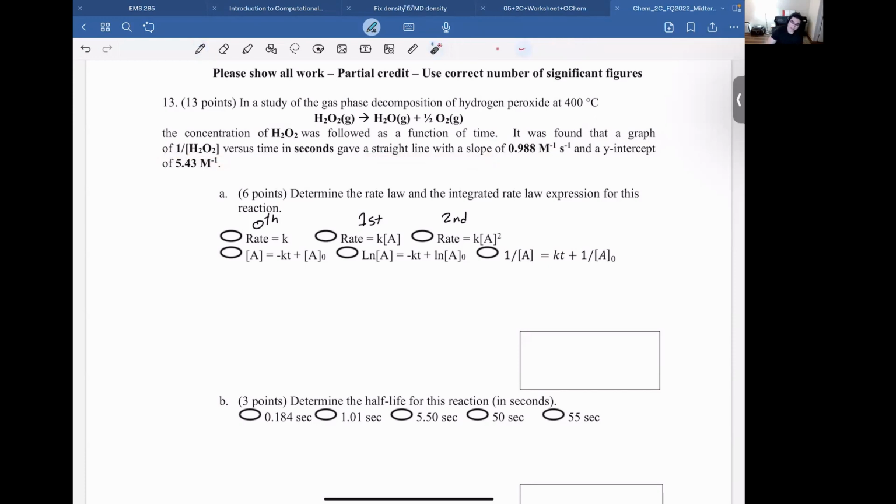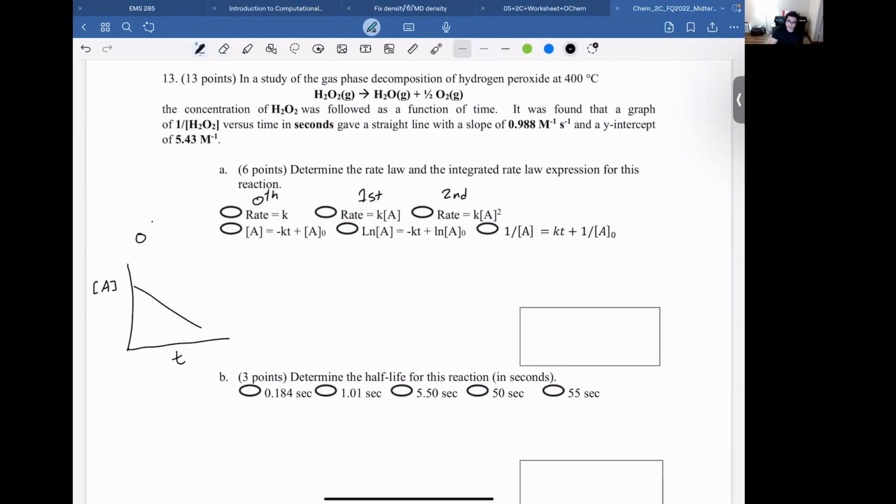So something you want to keep in mind is the plots of each of these. I'll draw these out. For a 0th order, when you plot concentration versus time, you get a linear line. Keyword linear.